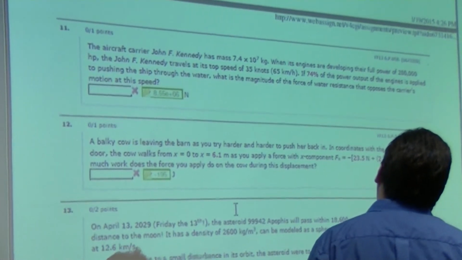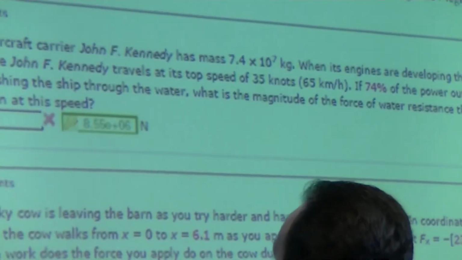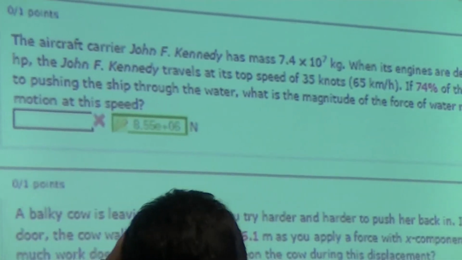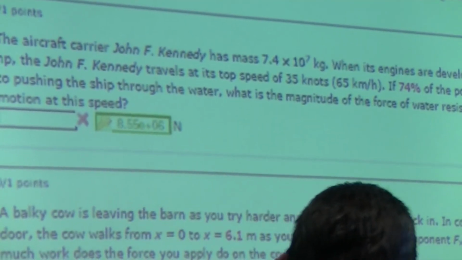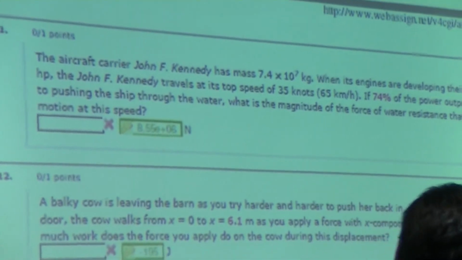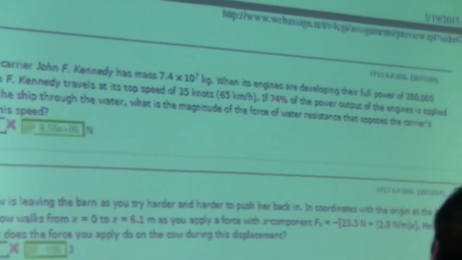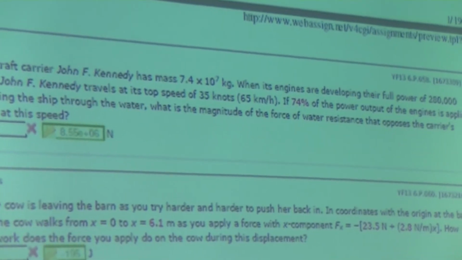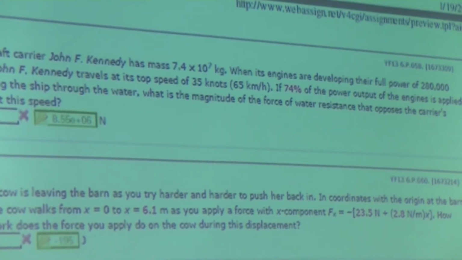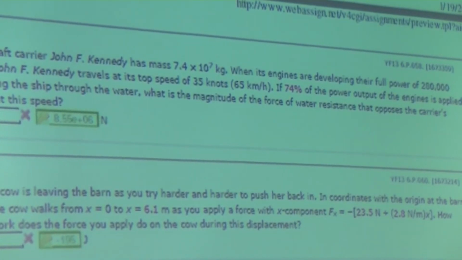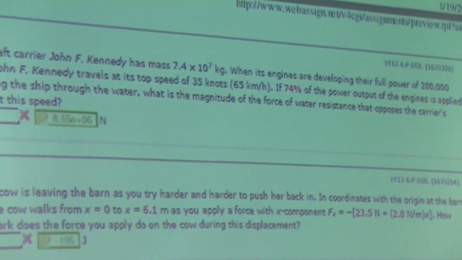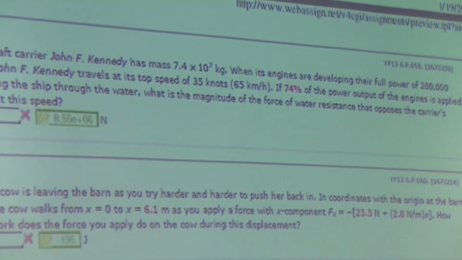When its engines are developing their full power of 280,000 horsepower, the JFK travels at its top speed of 35 knots, which is otherwise known as 65 kilometers an hour. If 74% of the power output of the engines is applied to pushing the ship through the water, what's the magnitude of the water resistance that opposes the carrier's motion at this speed?